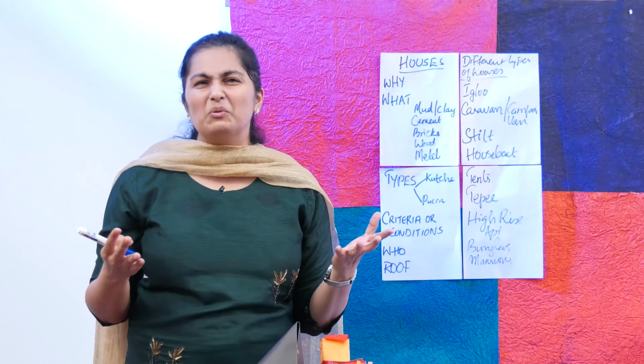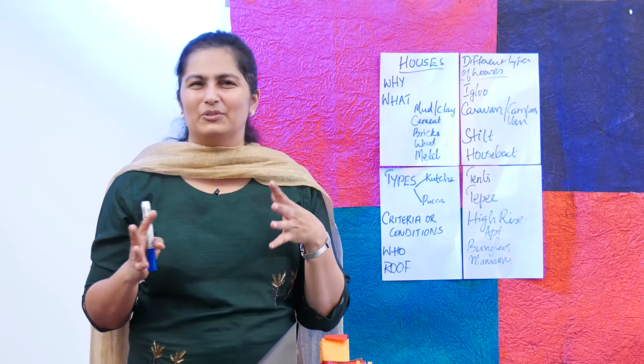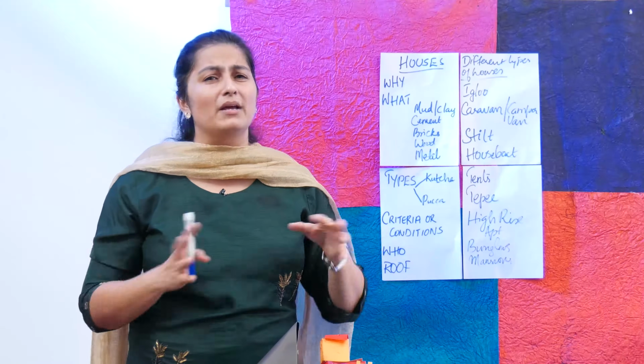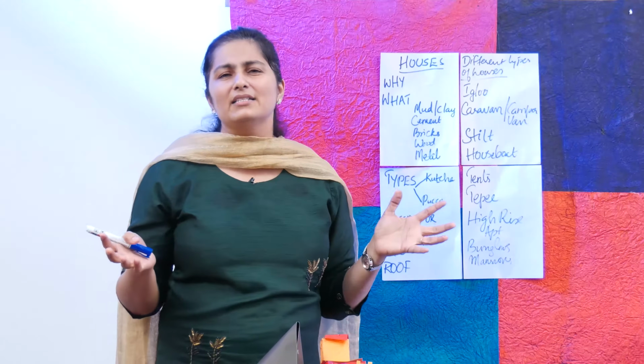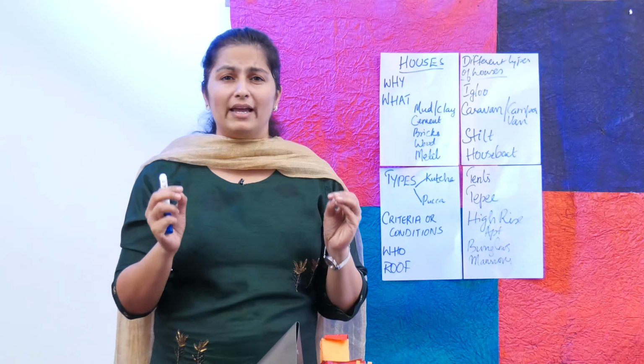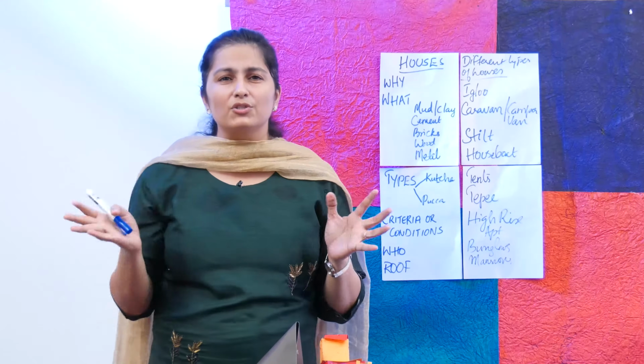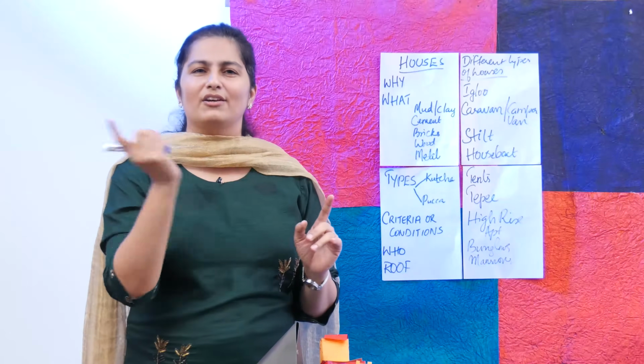If there is no good ventilation, the house will always smell bad, sometimes of food, sometimes various kinds of smells. So it has to be well ventilated. There should be sufficient windows and doors so that the air can circulate well.